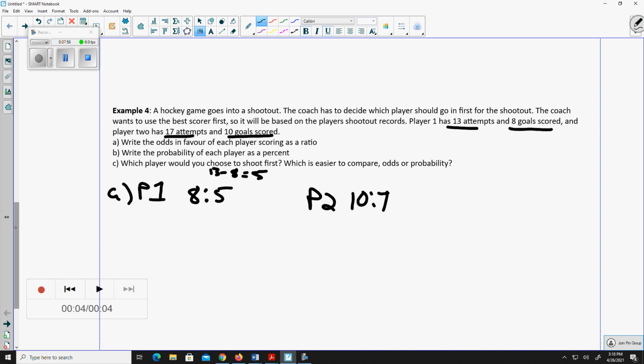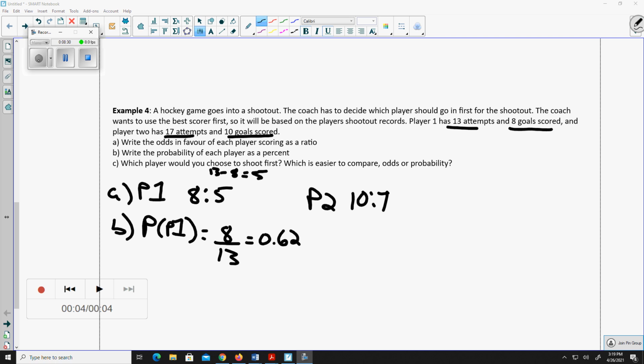Now, let's look at this here. Write the probability of each player as a percentage. So B, probability of P1, we know it's going to be 8 out of 13. 8 divided by 13. Oh, I don't have a calculator. Works out to 0.62.